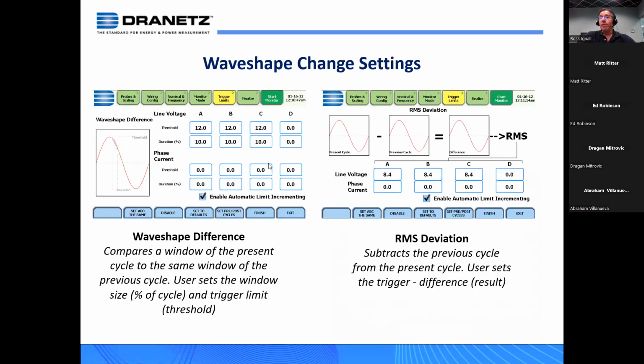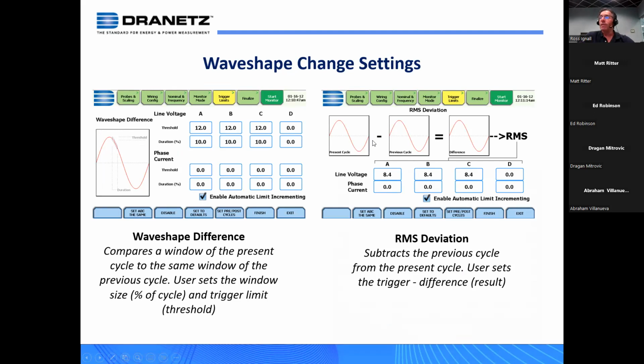How do you set up the meters? Again, a little bit different. We have two available methods, the wave shape difference, which again, as I described before, you're comparing a window of the present cycle, and here's a depiction of that window, to that same window of the previous cycle, that same point in time. And the user sets the window size, the size of this window, and that's that duration, and the trigger limit. Well, that's the threshold, okay?